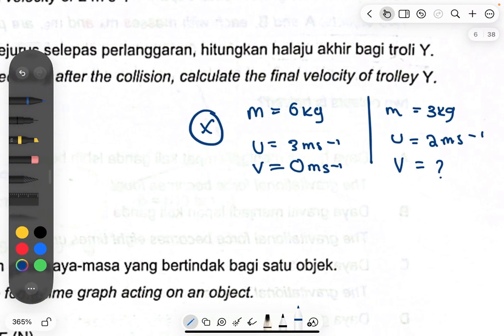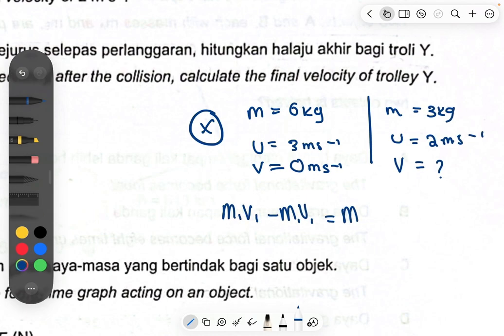So this is the principle of conservation of momentum, I guess. So m1v1 minus m1u1 is equal to m2v2 minus m2u2. Okay, so just substitute these values.